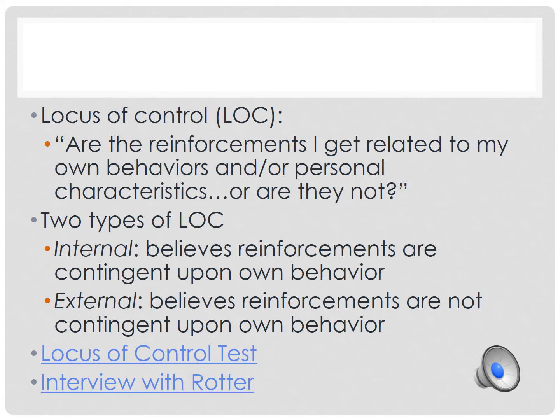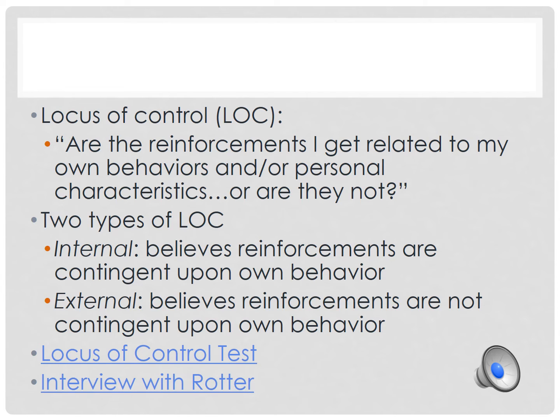So if we took a situation such as playing in a football game, somebody who has an internal locus of control believes that they can make a difference in the outcome of the game. That the reinforcement, winning, or at least having a great play, is contingent upon what they do as the player.